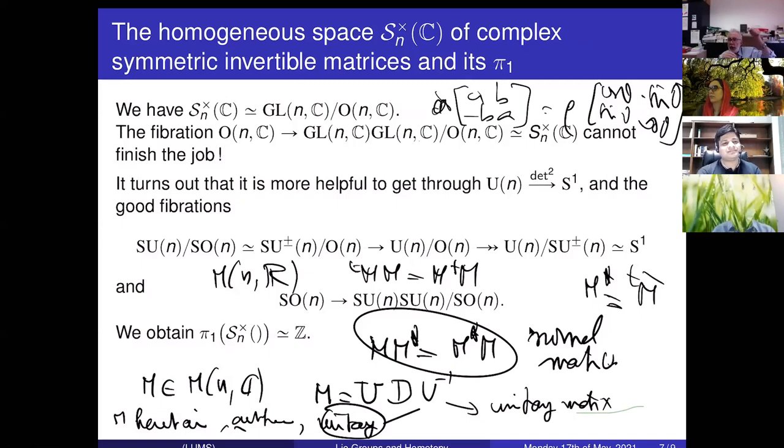The fiber is H2 over H1, the total space is G over H1, and the base is G over H2. And in that case, you can apply your long exact sequence of homotopy and get a lot of results.